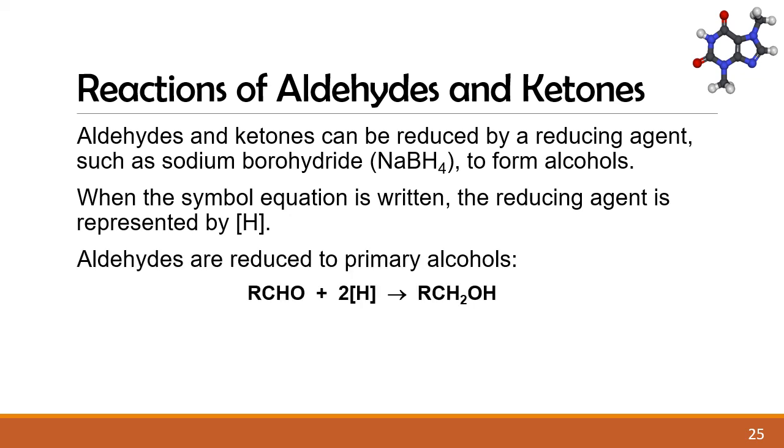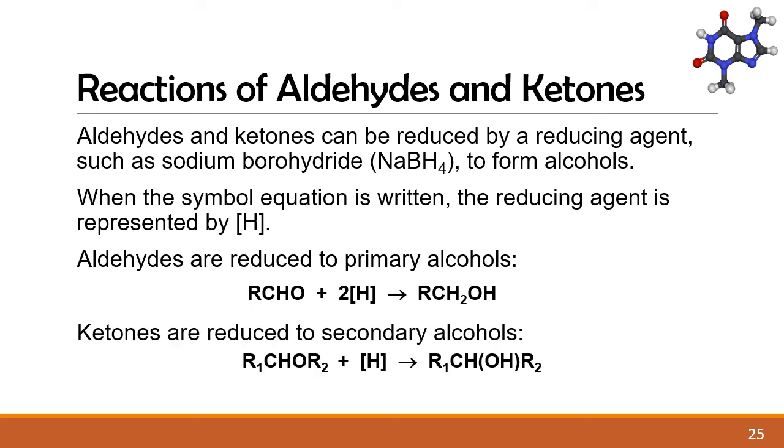Aldehydes are reduced to primary alcohols as summarized by the chemical reaction RCHO plus 2H yields RCH2OH. Ketones are reduced to secondary alcohols as summarized by the reaction R1CHOR2 plus H yields R1CHOHR2.